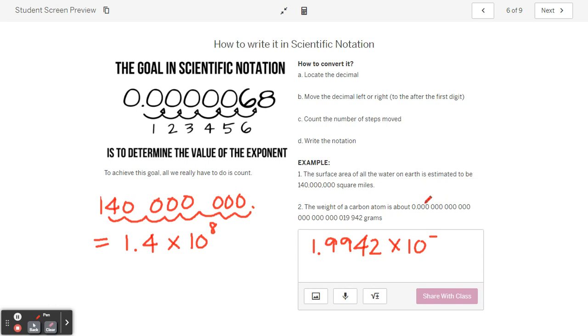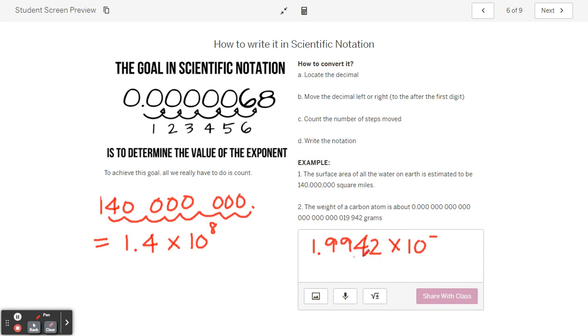So here's our first group of 3, 6, 9, 12, 15, 18, 21, 22, 23. We had to move the decimal 23 spots to the right in order for us to make this number 1.9942.